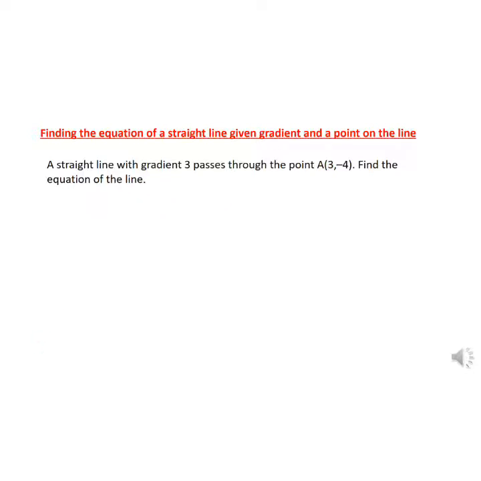So let us show you the formula used to find the equation of a line. So now let us use the equation of a line: y minus y0 is equal to m bracket x minus x0.